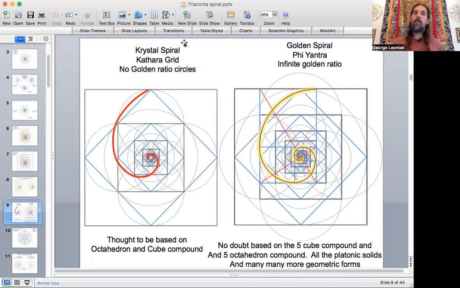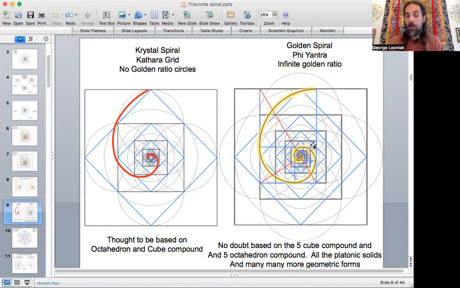But I do wonder, this Krystal Spiral Kathara Grid is said to be the most natural organic version of our universe, and this is some sort of distorted manipulation over here on the right. Phi is bad news. Adding the golden spiral is no good. This is what we hear.